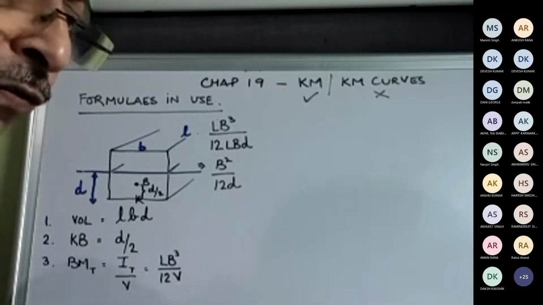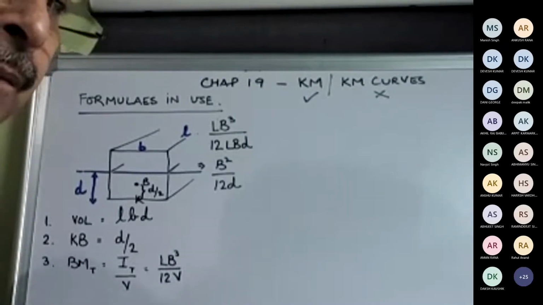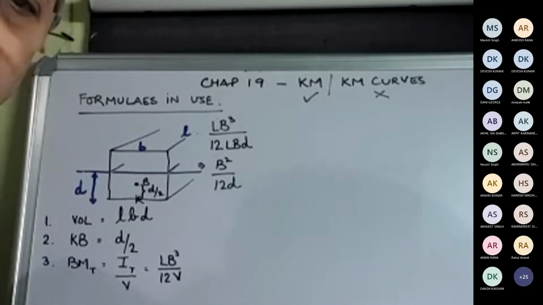Just right click, fit to frame, and you'll get everything on your screen. There won't be an issue. And you can even rotate your screen. Then you don't need to do all this.